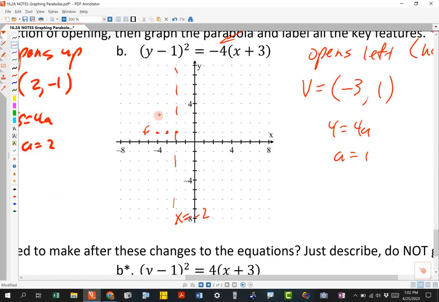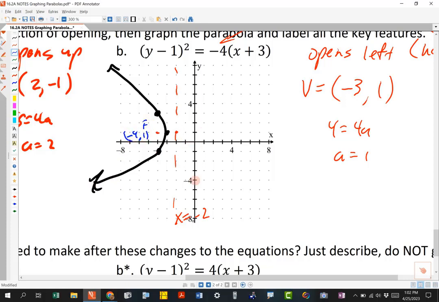The length of the latus rectum is 4, so we're going to go up here 2, and down here, so the whole length is 4. So we're going to go from here to here to here. Those points are on the parabola, and let's label those. So the focus would be -4 comma 1.